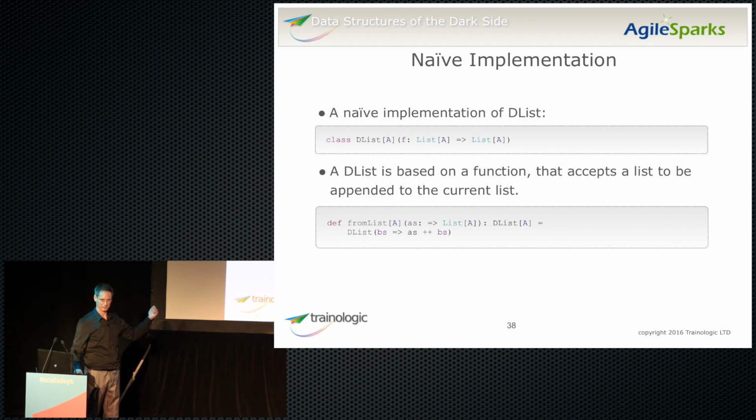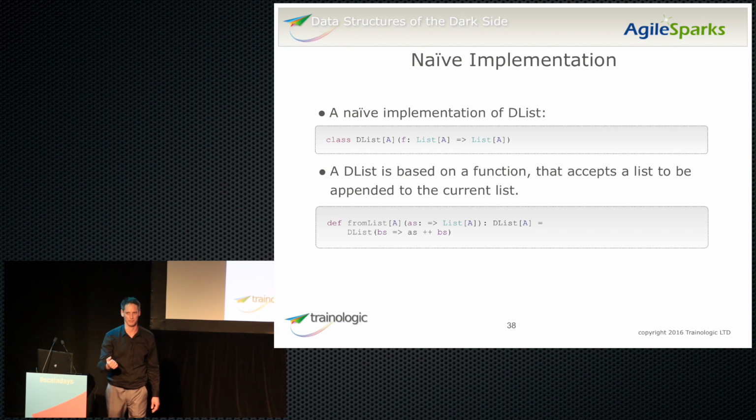Give me some other list, bs, and I will append them to the original list. You see, actually this signature reads like, give me some list, and I will return you my list concatenated with the one list that you gave me.